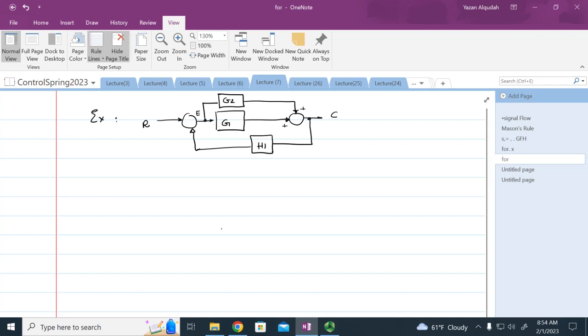What can we do? You try and combine G1 and G2, yes. These are parallel paths. We can combine them together.